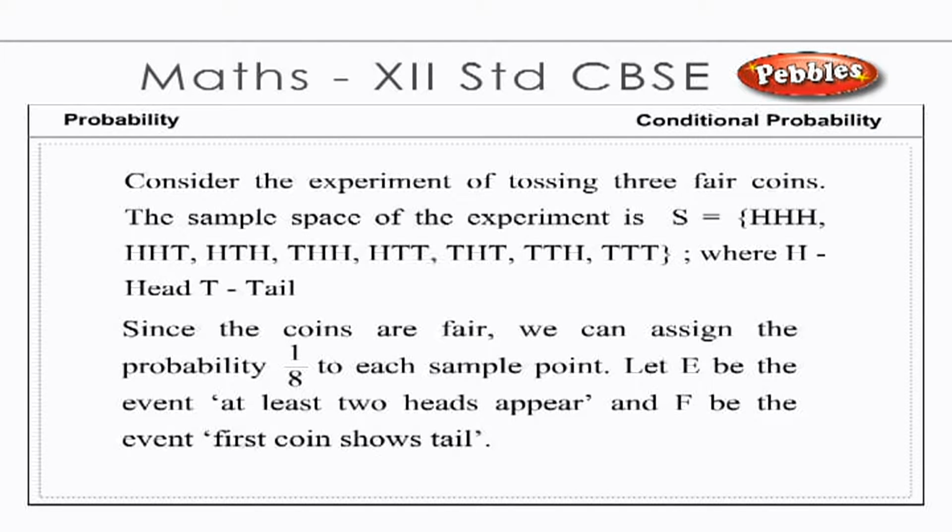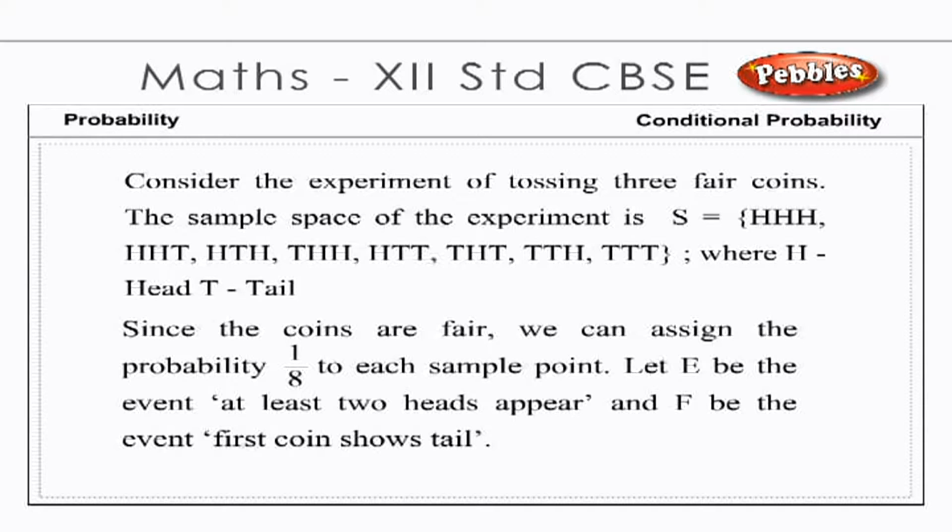Consider the experiment of tossing 3 fair coins. The sample space of the experiment is S is equal to {HHH, HHT, HTH, THH, HTT, THT, TTH, TTT}, where H represents the head and T represents tail.